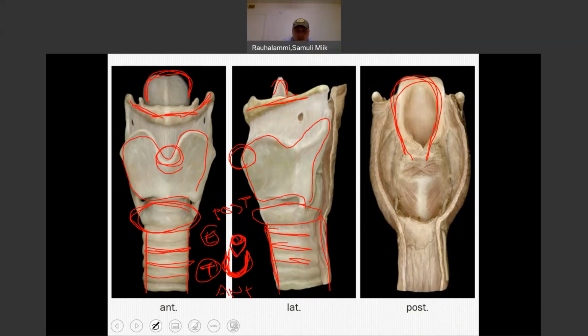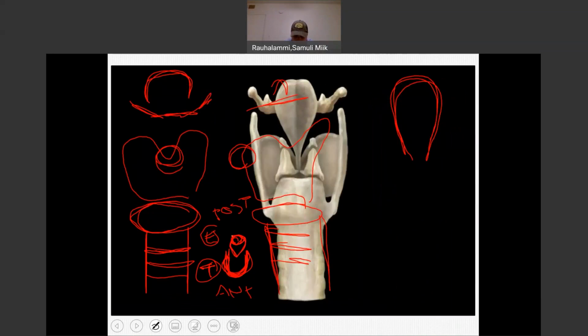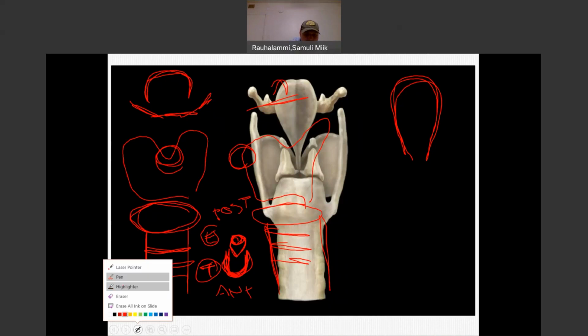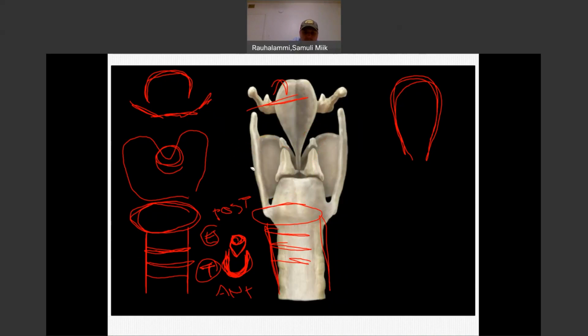I'm having a look here. I'm looking if there's anything else that I could point out. We can see rather nicely on this posterior view that I have here. Let me just erase a few structures so that we have a nice view.